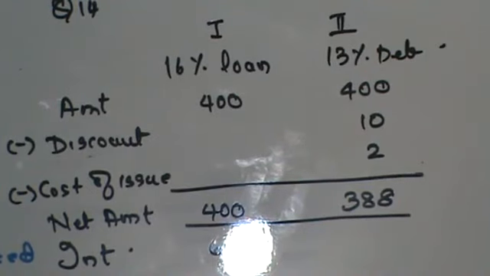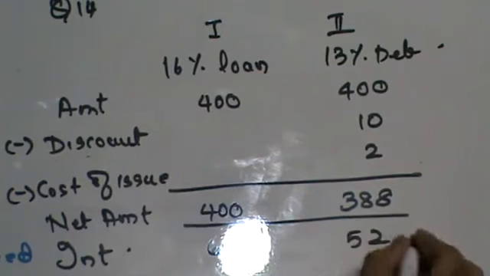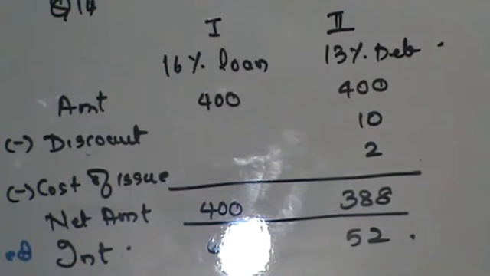Someone please calculate 13% on 400 lakhs. 52 lakhs. This is the interest that I will have to pay. To the 16% loan holders, I will have to pay 64 lakhs as interest. To the 13% debenture holders, I will have to pay 52 lakhs interest.